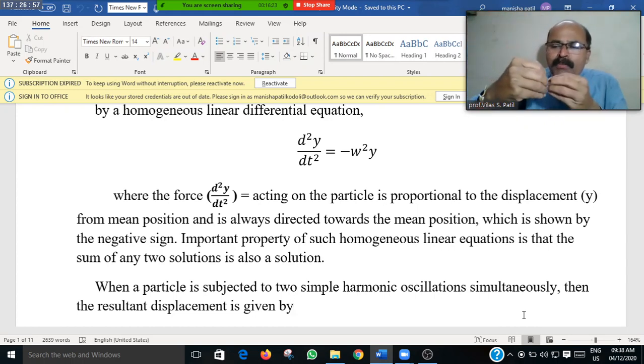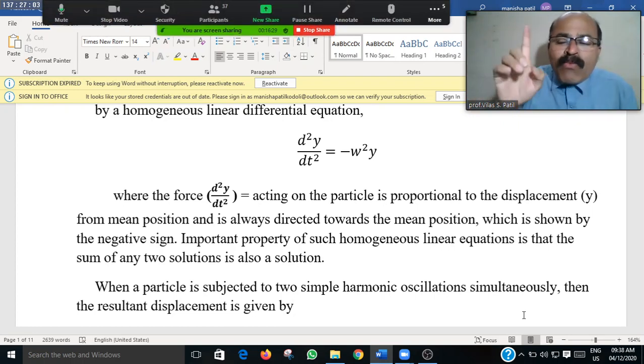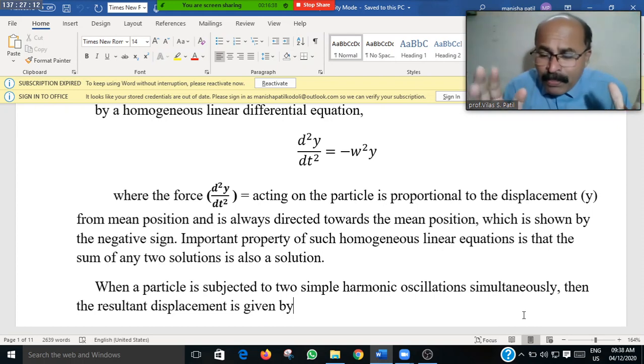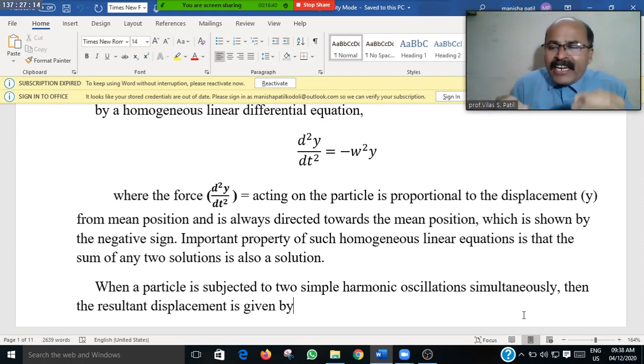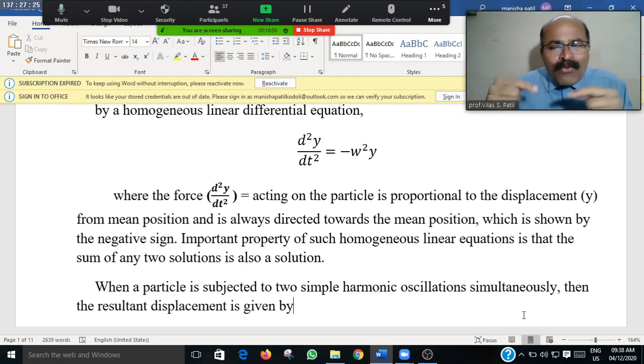If the displacement of the body from the mean position is larger, whether the displacement x or the displacement y, where x and y are displacements in the x direction or y direction. Consider that if the body is displaced in the y direction, meaning the vertical direction, then that displacement is denoted by small y. If the magnitude of y is greater, the force is greater.